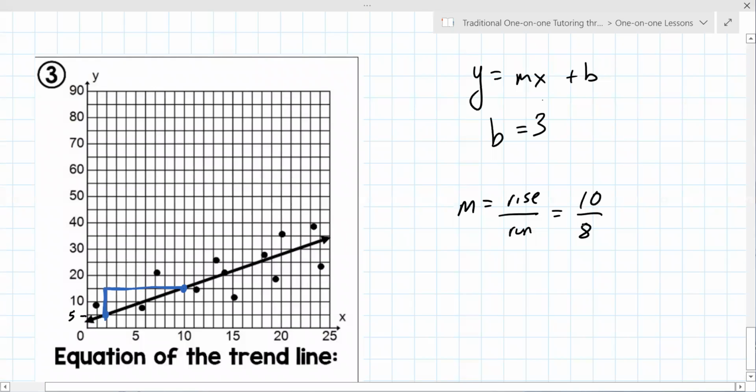Well, it ends at 10, but you're starting here at 2, so you count 1, 2, 3, 4, 5, 6, 7, 8. And then you reduce this fraction and you get 4/5. So now your equation is y equals 4/5 x plus 3.